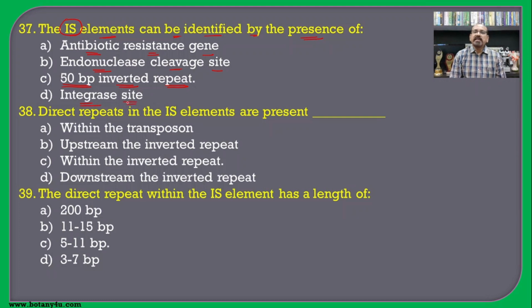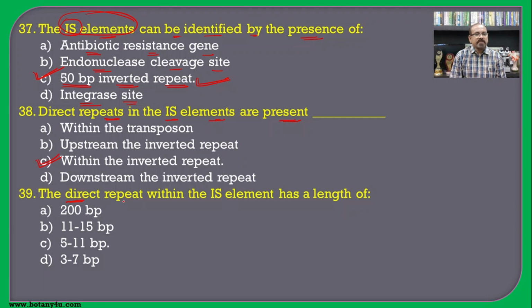So if we see the transposable genetic elements or jumping genes, then we find that IS elements have 50 base pair inverted repeats, and hence it is the correct answer. Then the direct repeats in the IS elements are present within the inverted repeats. So this is the correct answer for this question.